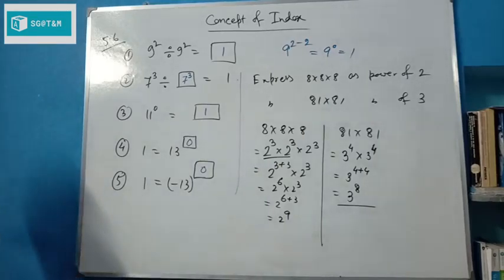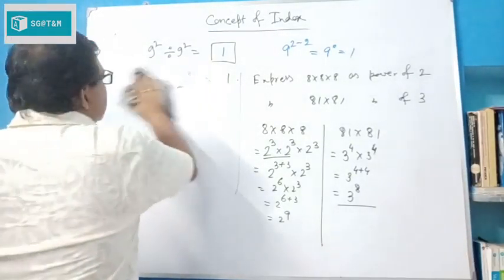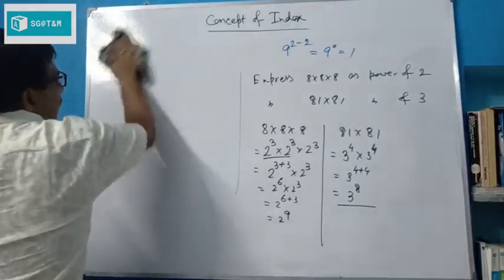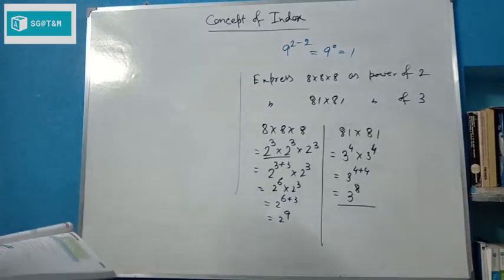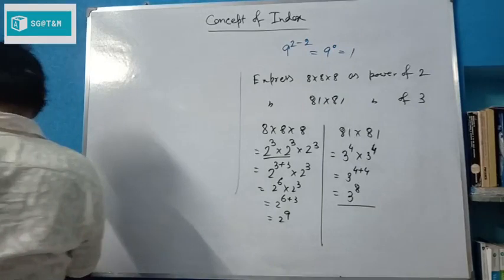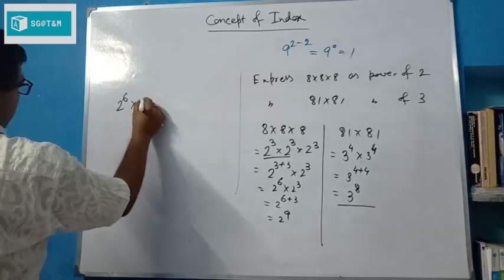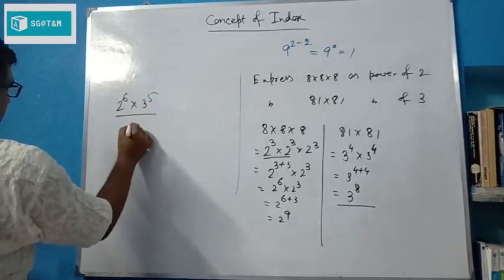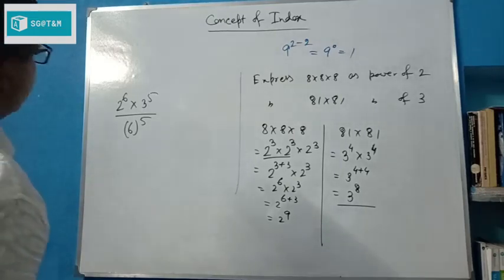Next, let us simplify 2 to the power 6 into 3 to the power 5 by 6 to the power 5.